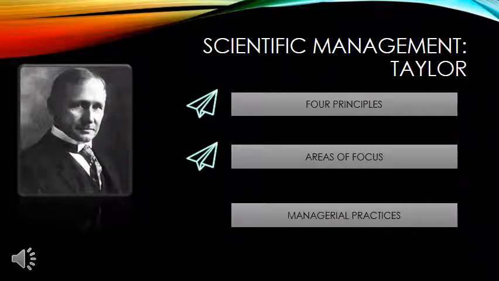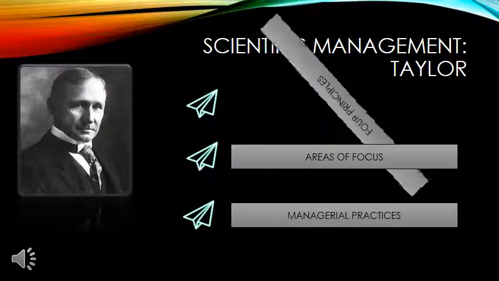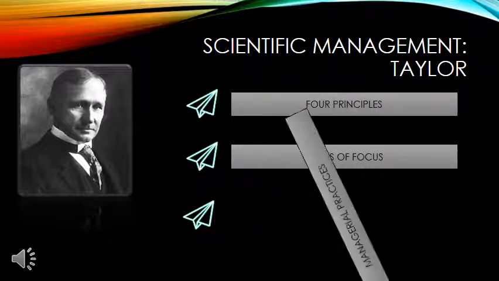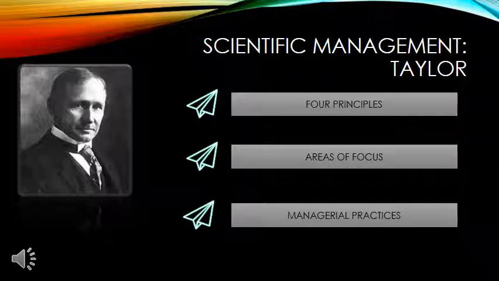Okay, we'll start with Taylor's scientific management. There are 4 principles I'd like to discuss. The first is how he wanted to develop a scientific approach for each element of work. Each tiny little aspect of the entire project is to be broken down into the smallest of elements so it can be tested and timed and looked at, to make it faster and easier and to do it more efficiently.